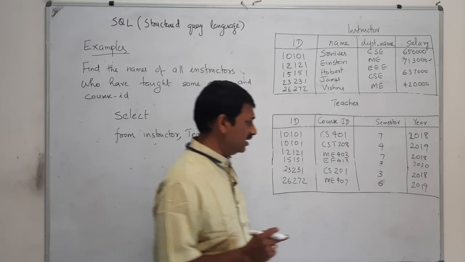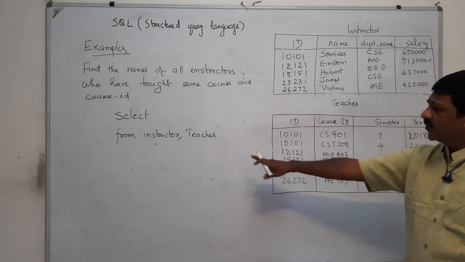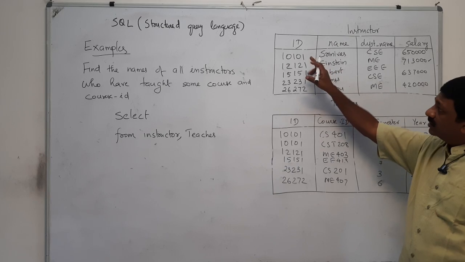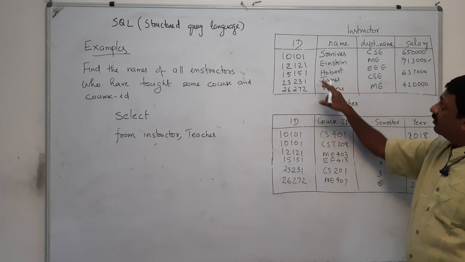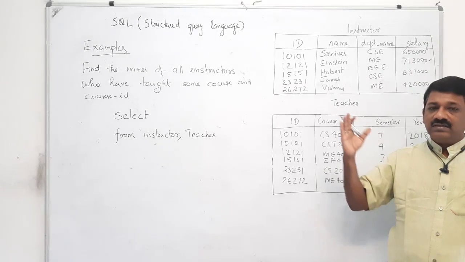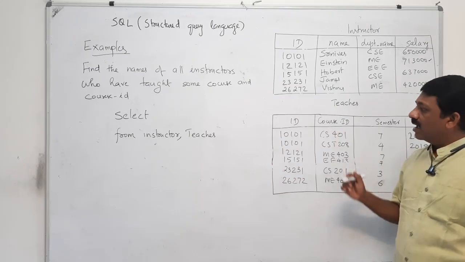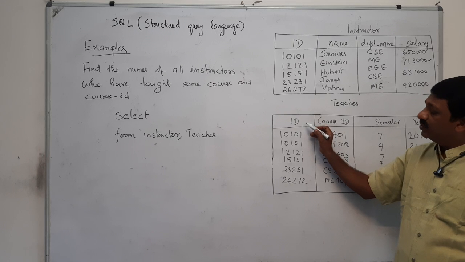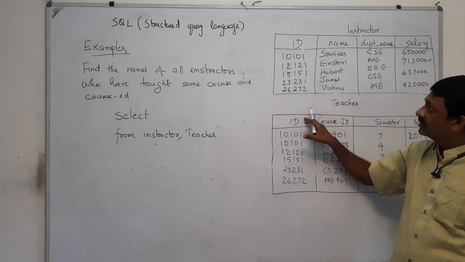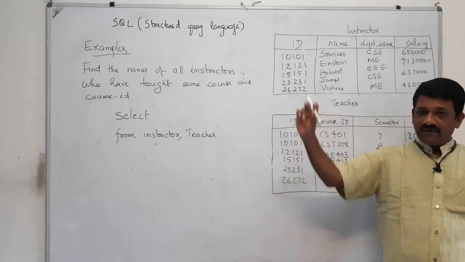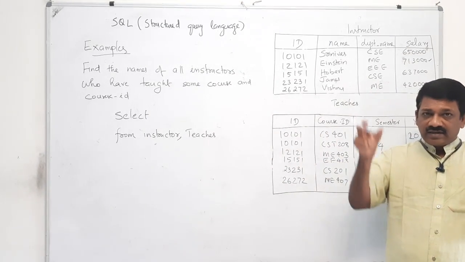Okay, that means if you are taking the cross product of instructor and teachers, what will happen? The new table will be having 4 plus 4, that is 8 attributes, and ID has the same attribute name. So to distinguish between this ID and this ID, this is instructor.id and this is teachers.id. So you have a total of 8 attributes.